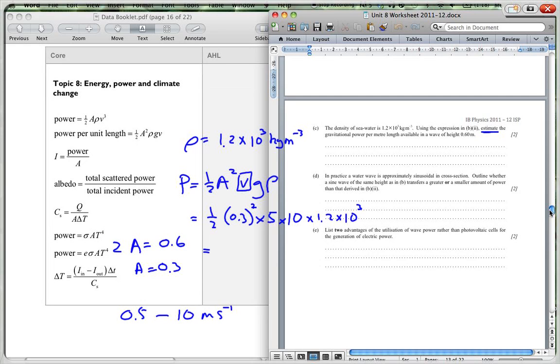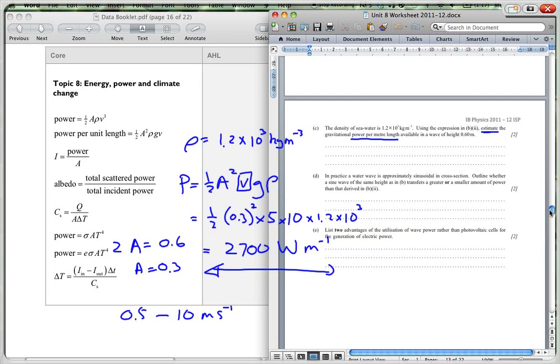And I get about 2,700. Now, this value would be a gravitational power per meter length, so it would be a watt per meter. That would be your final value. And again, this could be an estimate, so there's quite a range of values that you could get for this value.